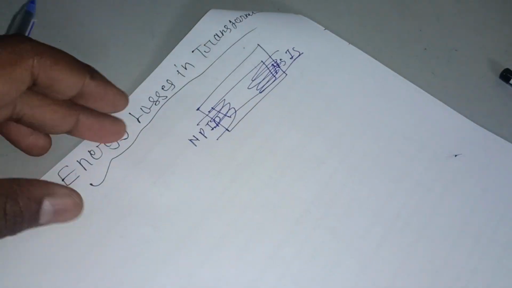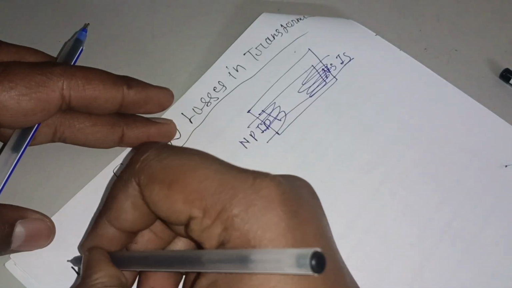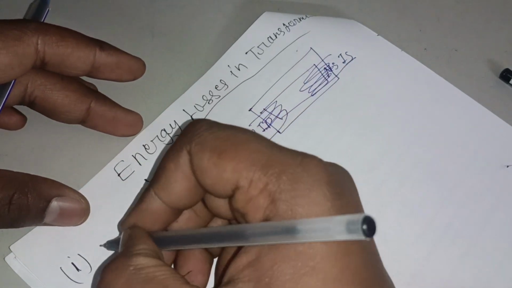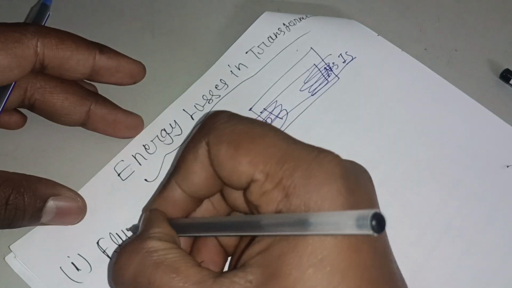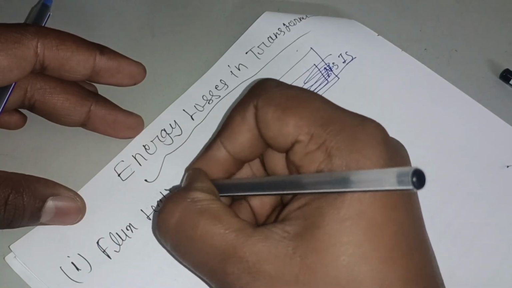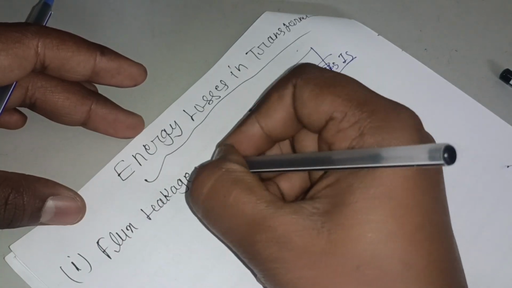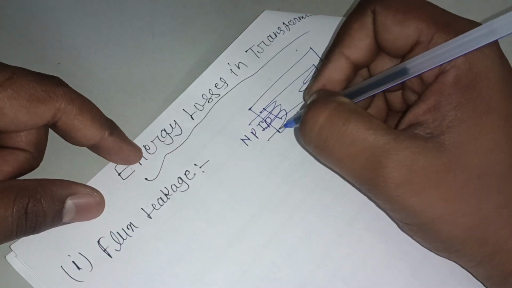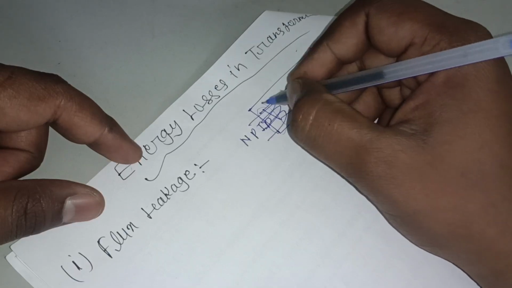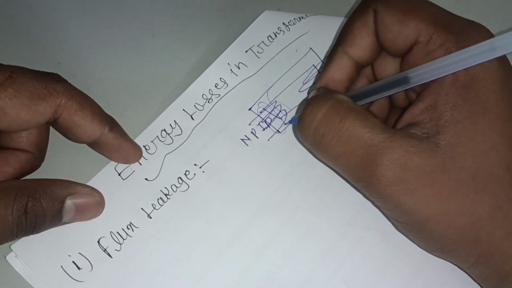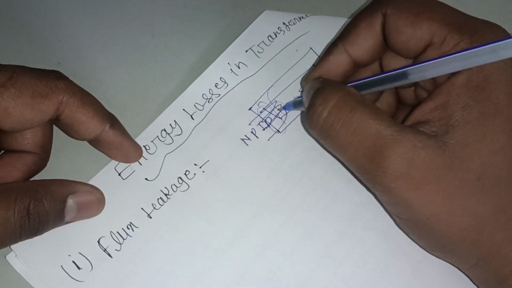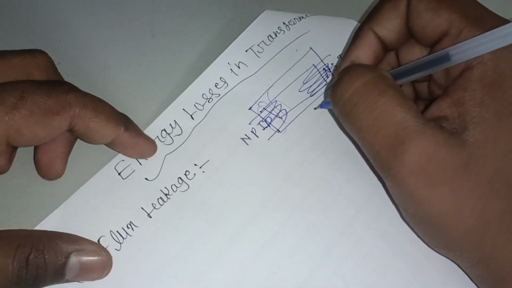So the first type of energy loss is flux leakage. What is it? It is flux leakage. So like which type of flux leakage? Like here currents are passing through this, then obviously some flux will be leaked, so it is called flux leakage.